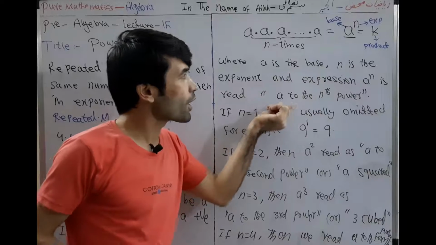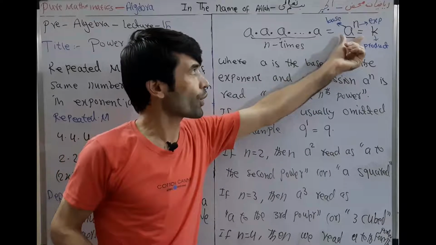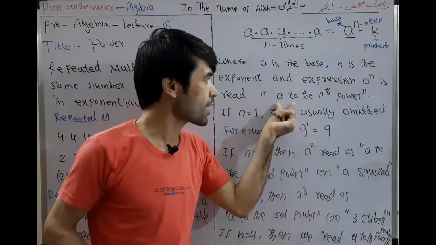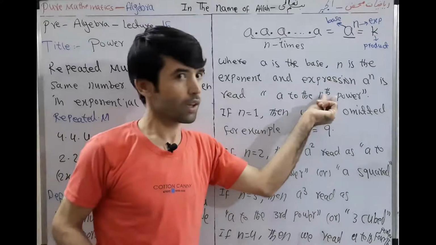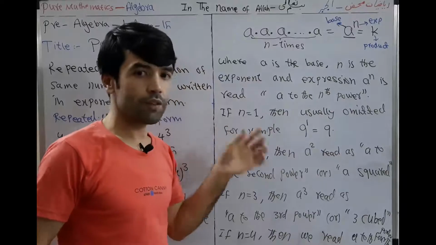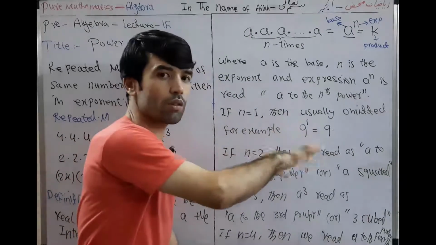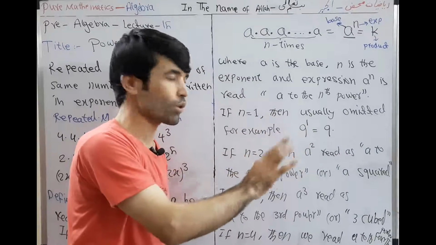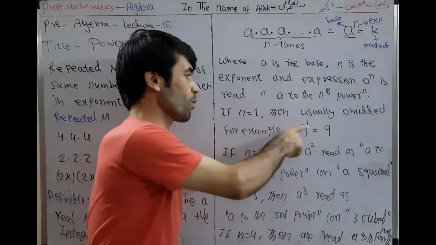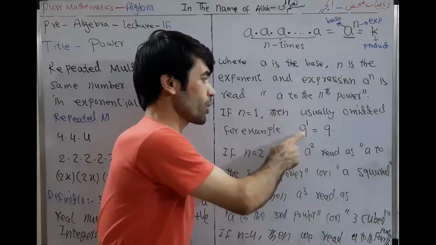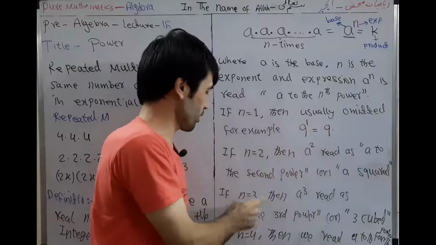How can we read this expression, a to the power n? We can read it as a to the nth power. In special cases, if n is equal to 1, then we usually do not write the 1. For example, 9 to the power 1 is equal to 9 itself.